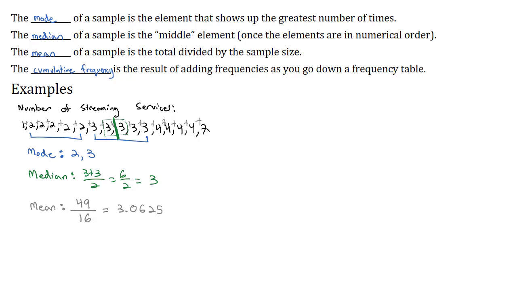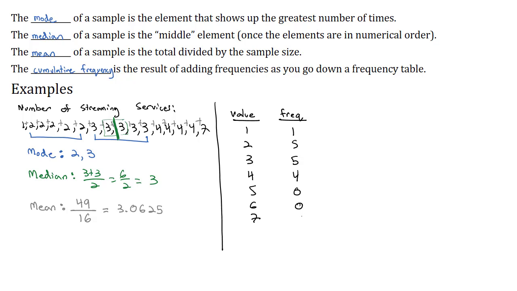But as I said, sometimes the cumulative frequencies can make this easier to solve. So let's take a look at making this information in a table where we can look at the cumulative frequencies. So we made a table earlier with the values of 1, 2, 3, 4, 5, 6, and 7. We found the frequencies of those values to be 1, 5, 5, 4, 0, 0, and 1.